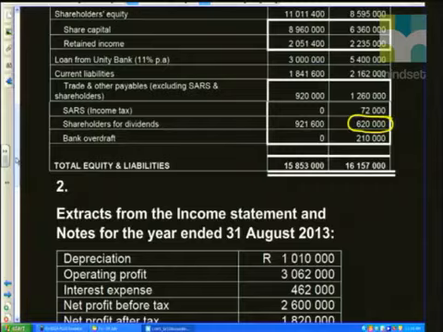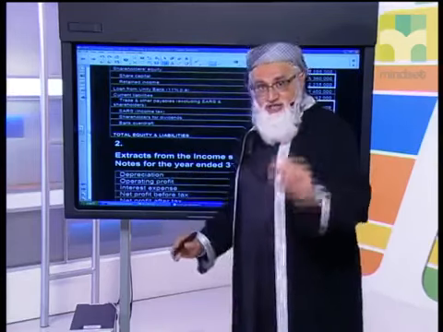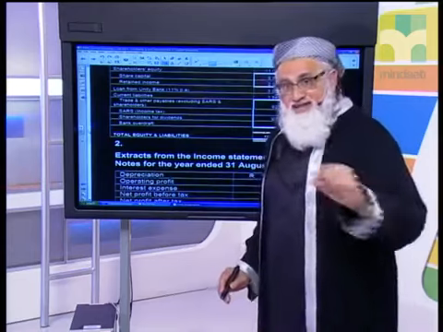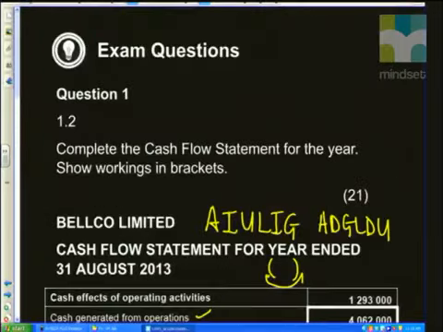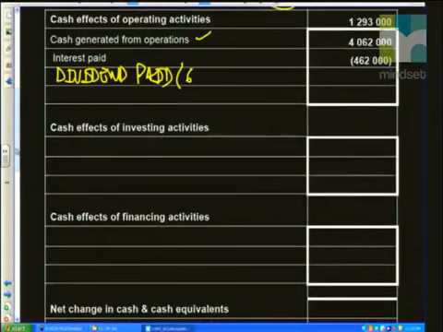So obviously, if that's the amount I was owing last year, that's the amount I'm going to be paying this year. So in your answer, immediately you say 620,000. There's your last year's final dividend that will be paid this year.